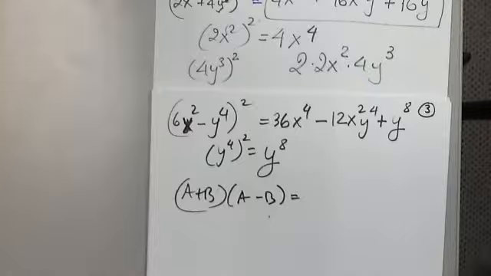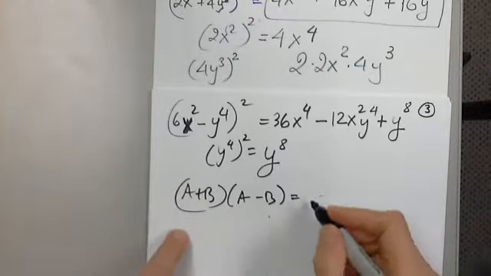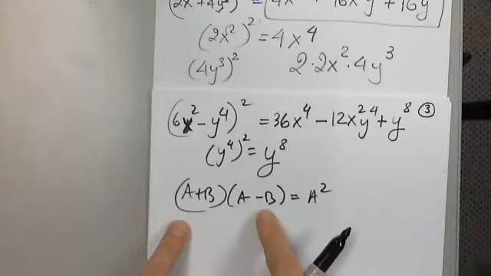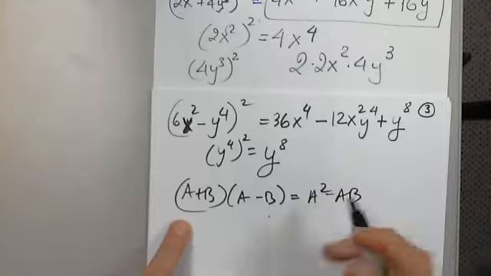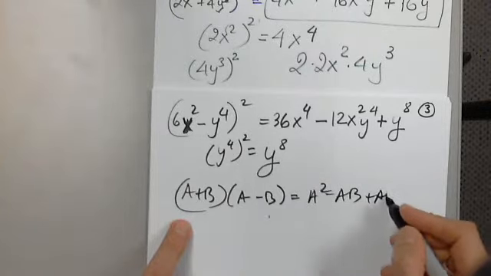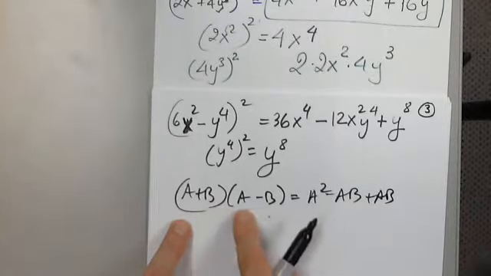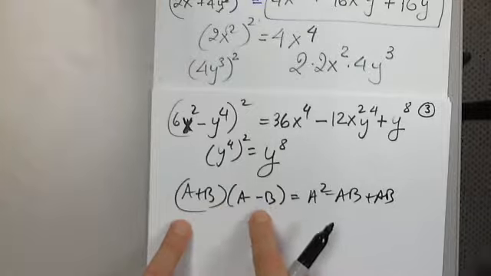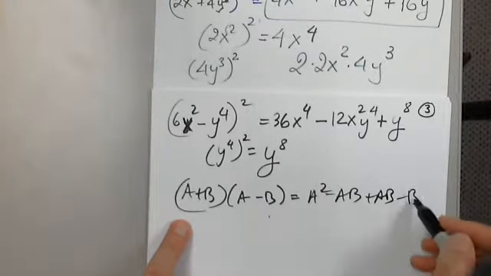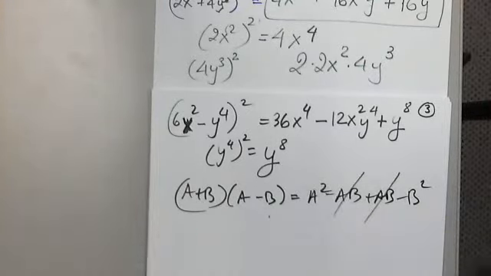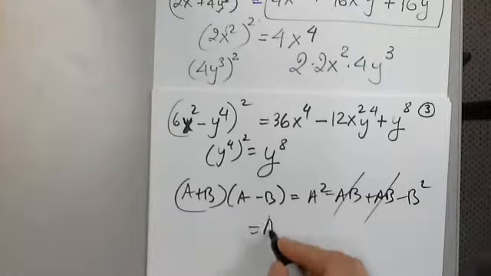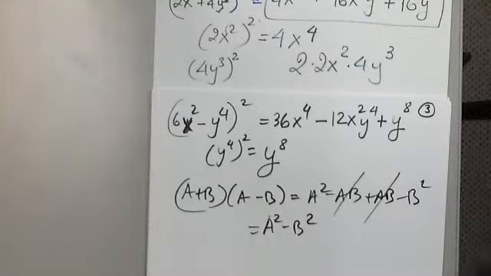Very good. Indeed, a squared minus ab. Very good. Say it again. Apparently these two go away. And the answer is a squared minus b squared.